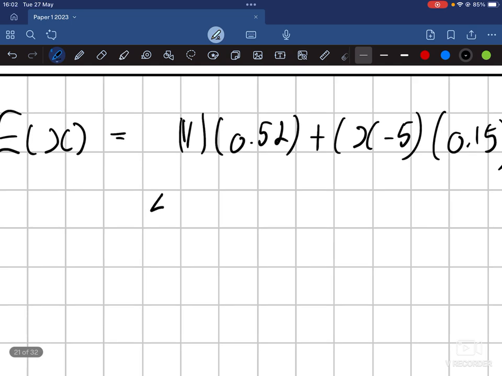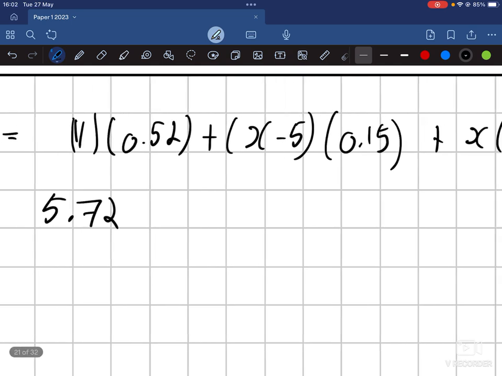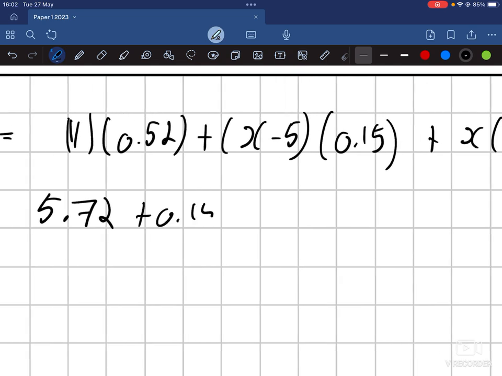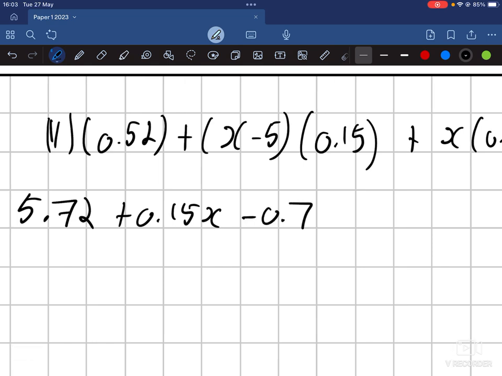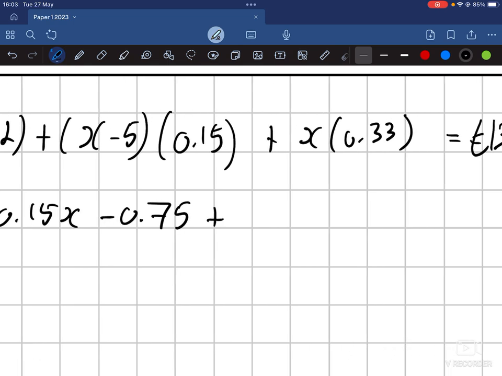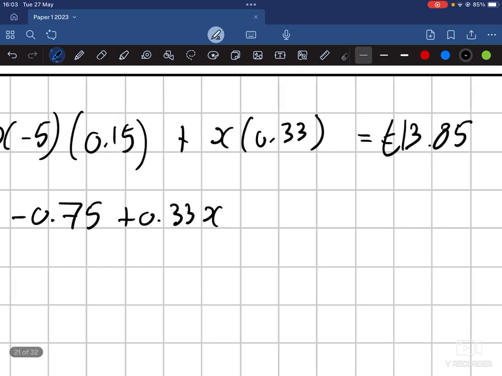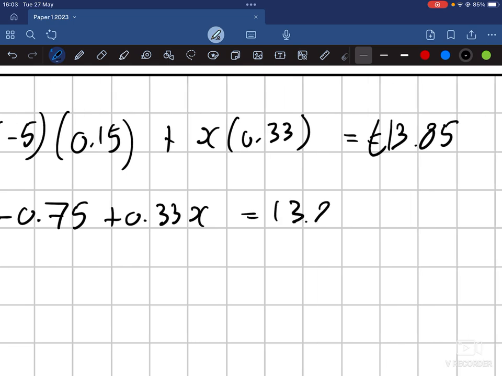So this is going to give me 5.72 plus 0.15x, 5 times 0.15 minus 0.75, plus 0.33x is equal to 13.85.